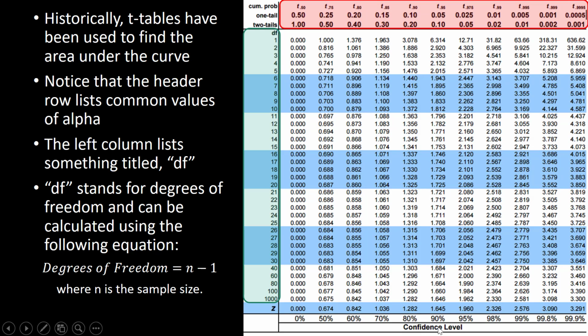So again, for example, let's take a 95% confidence interval. If you have a 95% confidence interval, that means the area distributed among the two tails is 0.05, and the area in each tail is 0.025.